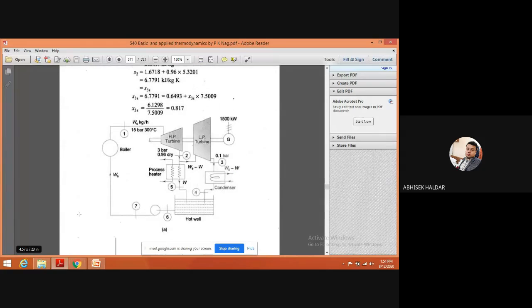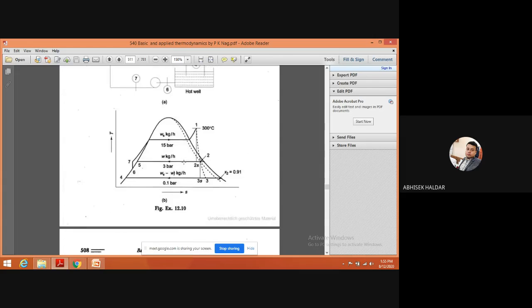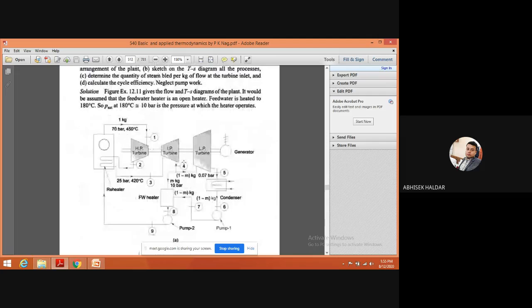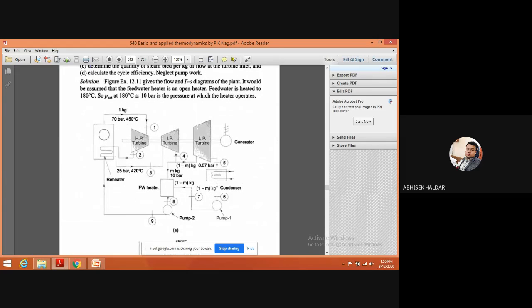Here this problem you see, it is again reheat and regeneration. Here you see this type of problem, it is a much bigger problem.